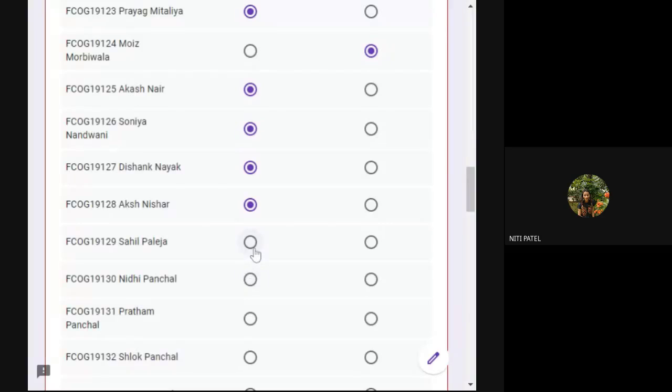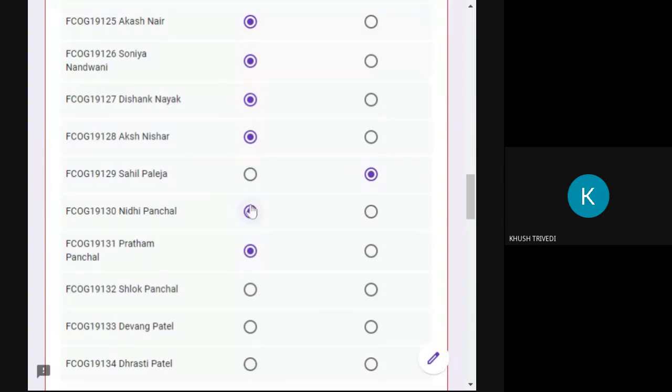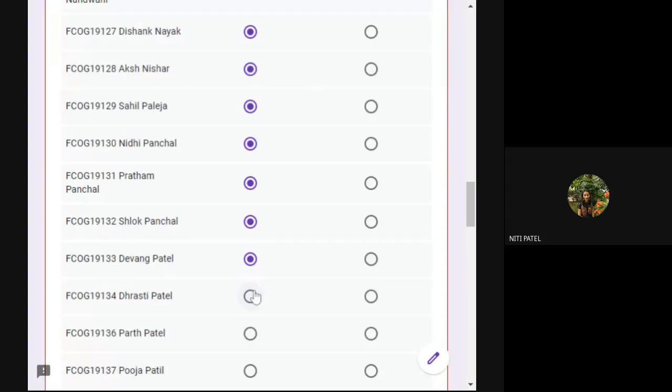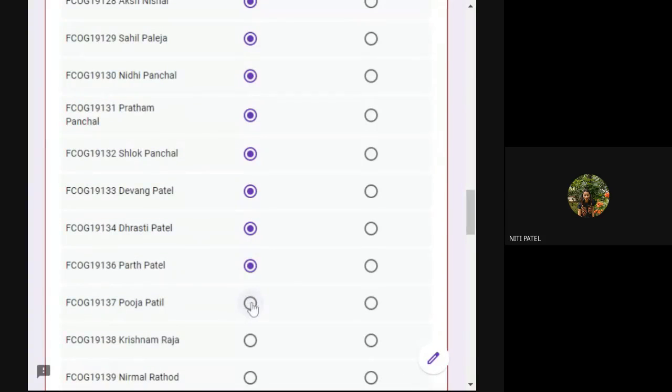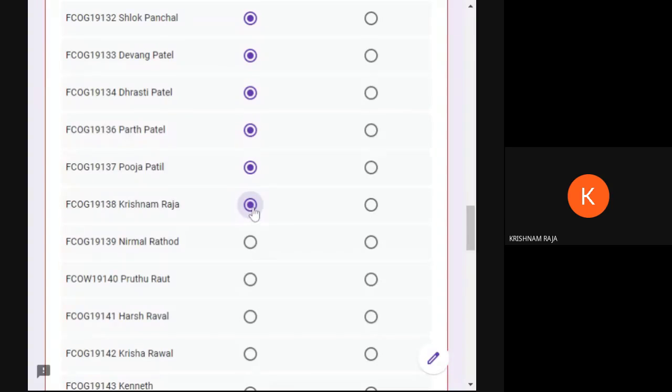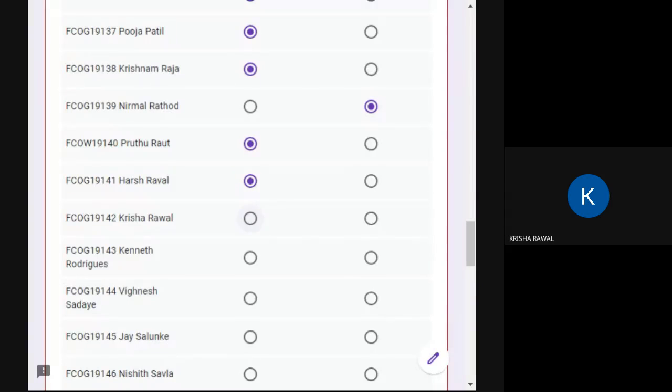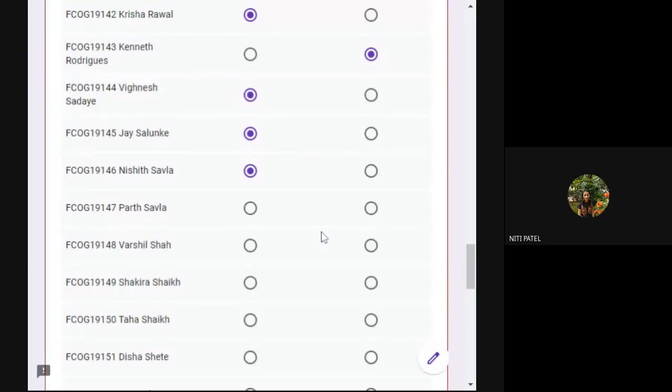Ma'am, Sahil wrote present in the chat box. Yes, okay, okay. Pratham. Shlok. Devang. Drishti. Present, ma'am. Parth Patel. Pooja. Krishnam. Nirmal. Prithu. Harsh. Present, ma'am. Krisha. Kenneth. Vignesh. Jay. Nishit. Parth. Varshil. Shakira.